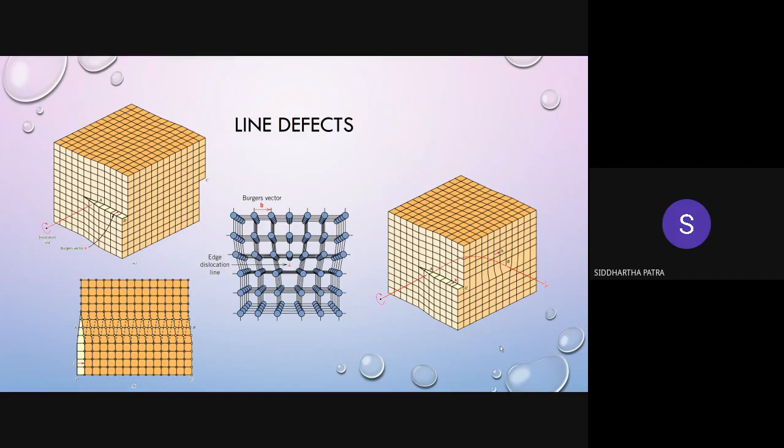If you look at the top side of the, let's say this is a grain, you see that there are around seven atoms that are aligned on a given line. Now, obviously, there is a so-called half plane of atoms.